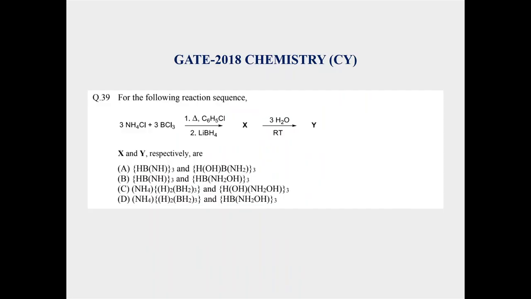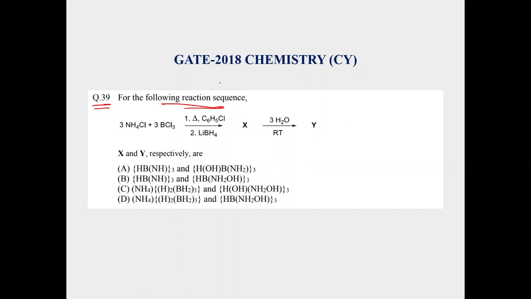So the next question is question number 39 from the 2018 paper. The question is, for the following reaction sequence, which they have given, what is X and Y for this reaction.